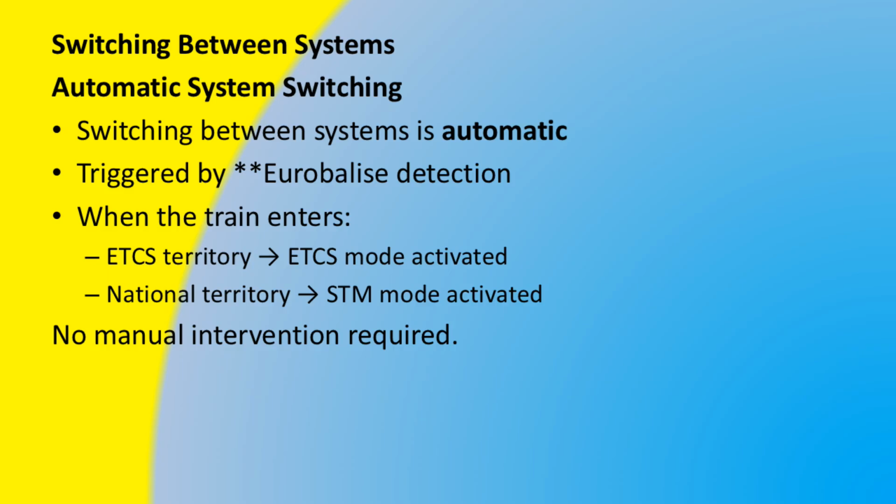When the train enters the ETCS equipped section, the Euroballise signals the onboard system to switch from STM mode to ETCS mode. Similarly, when the train leaves the ETCS territory and enters a national signaling zone, the system automatically switches back to STM. This transition happens automatically without requiring driver intervention.